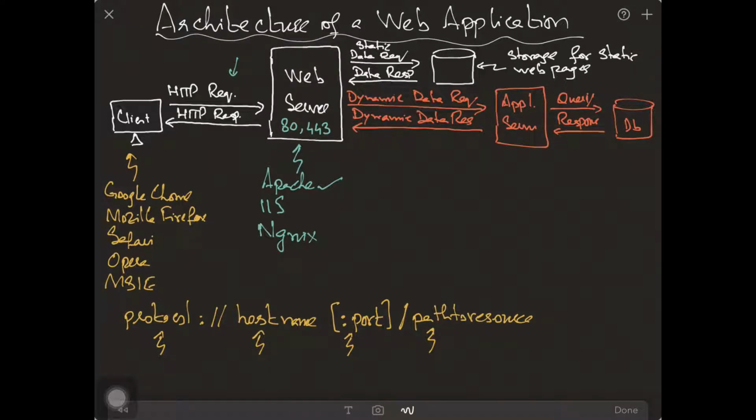We have Jigsaw, and Jigsaw is a web server designed by W3C for the purpose of demonstrating new web protocols and other features. And we also have the Oracle iPlanet web server, OIWS, which is designed for large business applications. So these are the different web server applications.